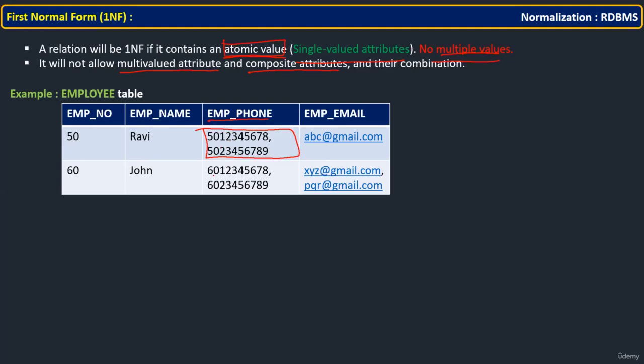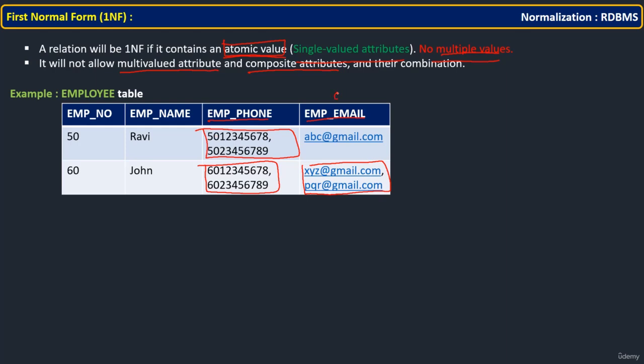Not only this one, even John also has two phone numbers. And not only this attribute, you can see EMP email. Here, John has two mail IDs. So there are two attributes which are multi-valued. So this is not in first normal form.